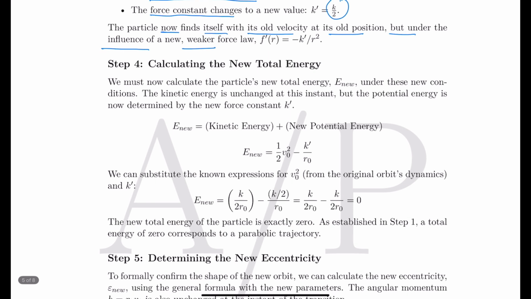Now let us try to calculate the new total energy. We must now calculate the particle's new total energy, E new, under these new circumstances. The kinetic energy is unchanged at that particular moment because there is no change in velocity, as we described above.